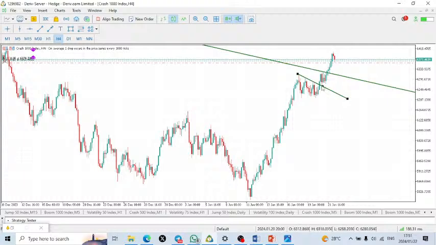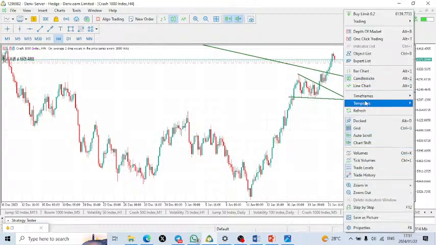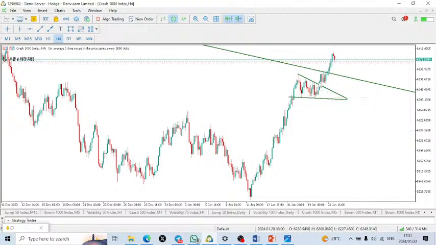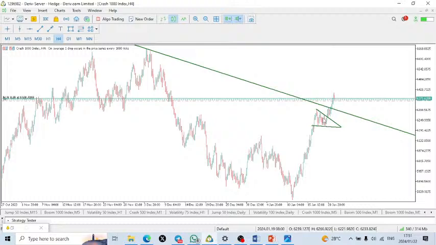This is where we took the buy from. I know that in MT5 it's very difficult to draw. Price broke from this, so we are anticipating a continuation. Our first target has been hit, and now we are just anticipating.